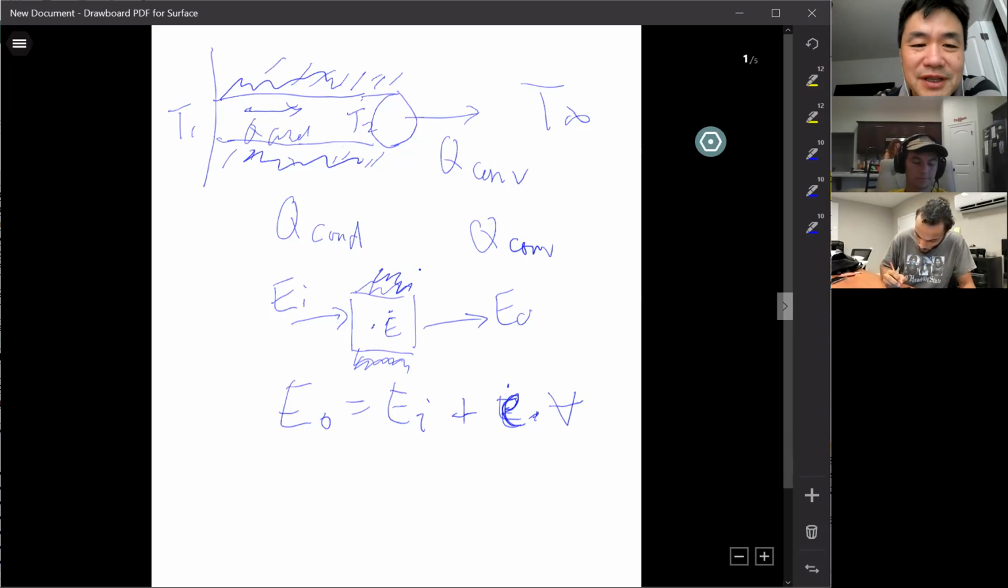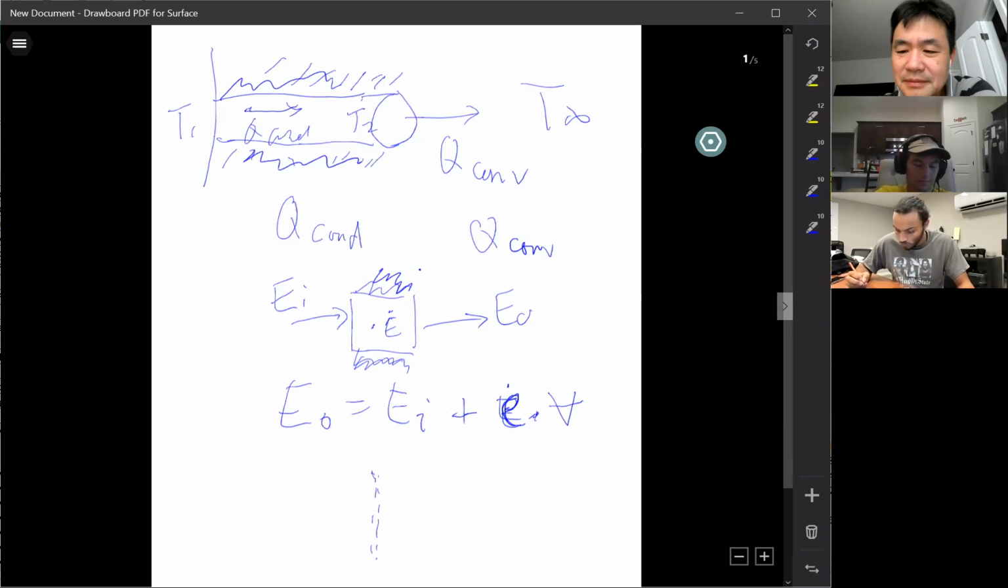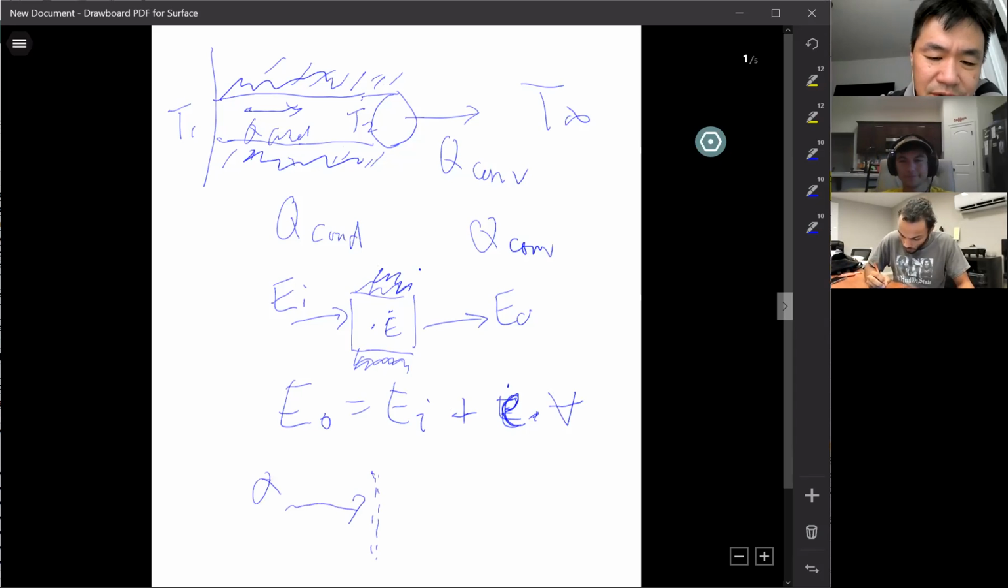Now you know everything about the conduction on the left side of the surface. Think about you have a surface here. Anything on the left side is conduction. Energy in is Q conduction, right?